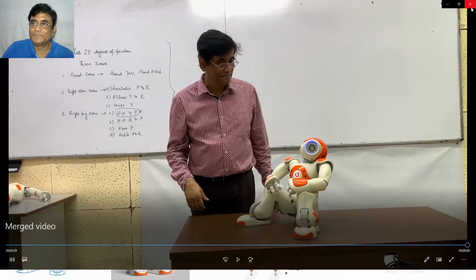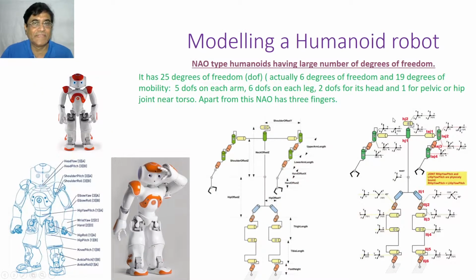Well, so you have seen what different kinds of joints the NAO robot has, which is a typical humanoid robot, and where the joint angles are embedded, that also you have seen. So this is a skeleton structure, showing how the joints are arranged.